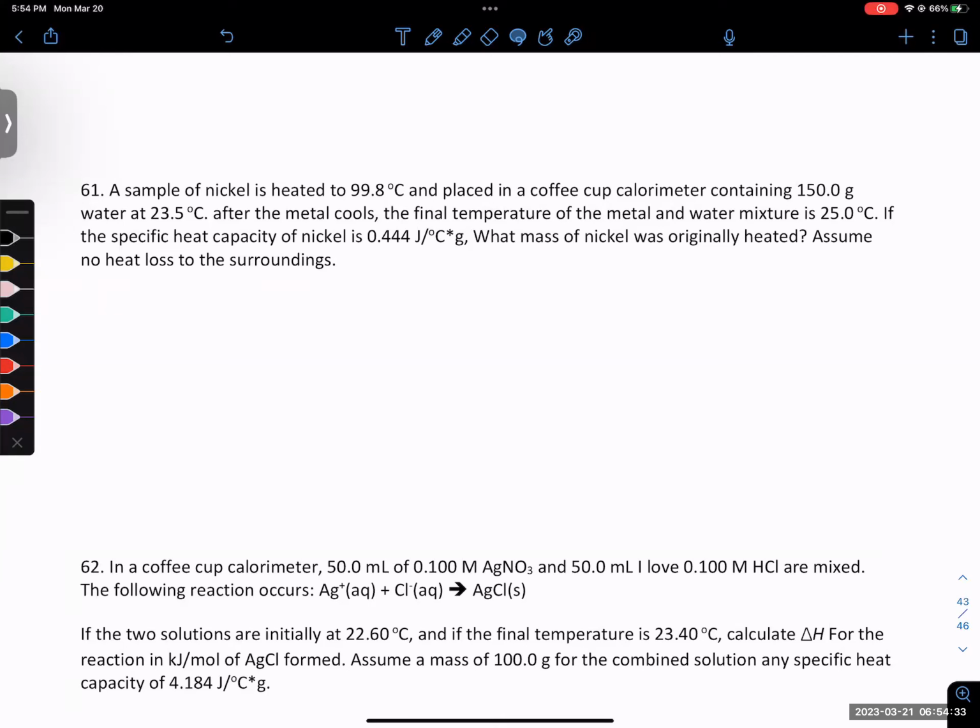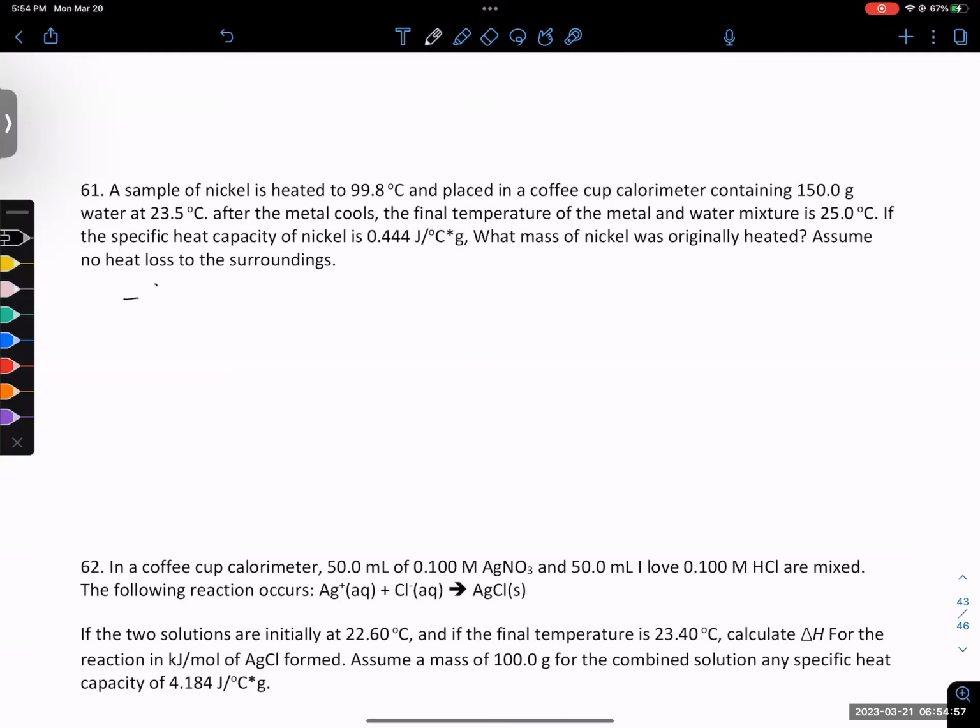All right. So if you took that advice, let's go ahead and identify what's losing heat and what's gaining heat in this problem. What do we say is losing heat? Nickel, the metal, right? So the negative heat, and we denote something that's losing heat with a negative sign.